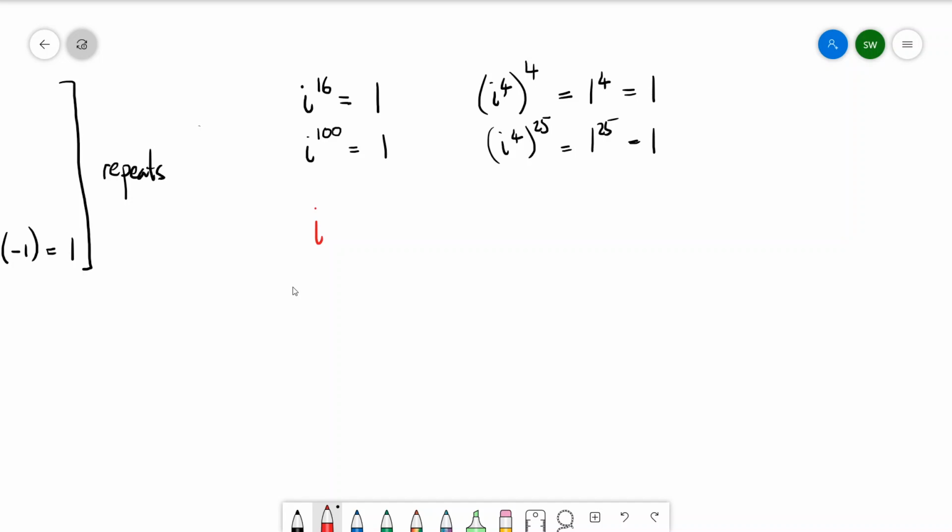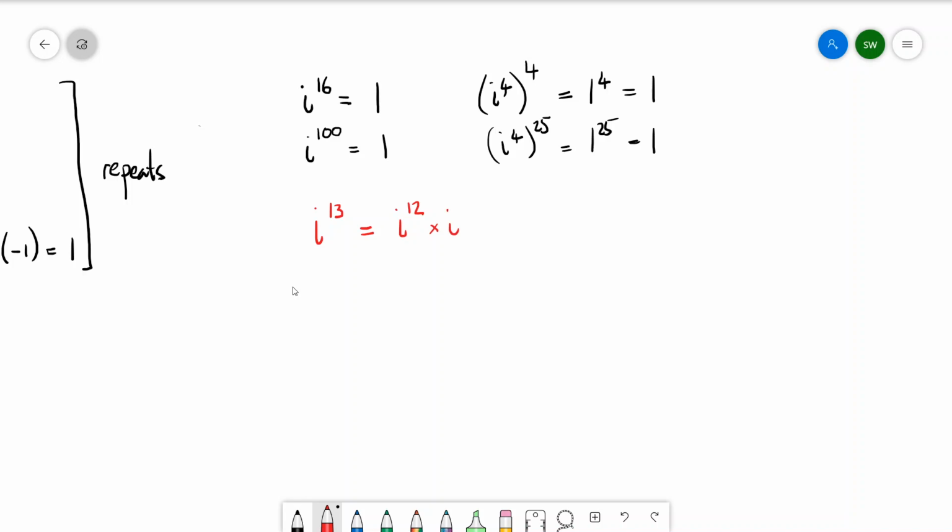Let's think about i to the power of 13. Well, what we do to work out a more complicated power like 13 is we think of what's the highest multiple of 4 that goes into 13? And that's 12. So we could write that as i to the power of 12 multiplied by i.